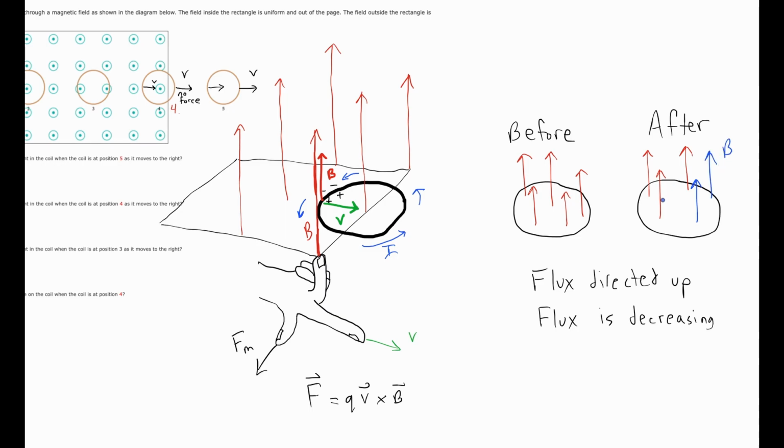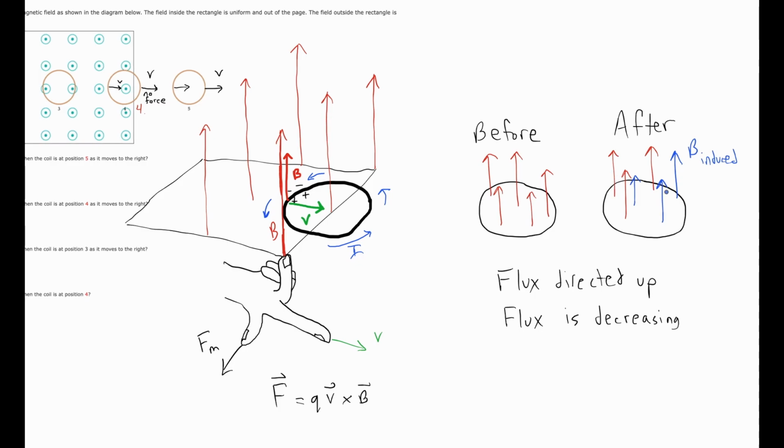So this would be B induced. And we got to think about what kind of current would replace those vectors. Just grab the wire with your right hand such that the fingers come through from bottom, like this.